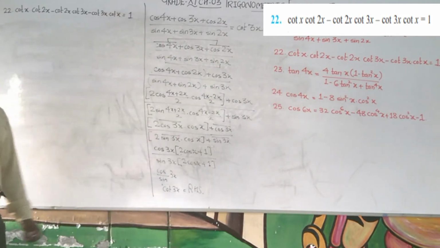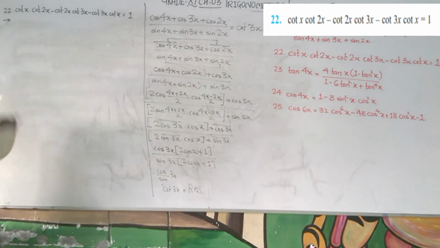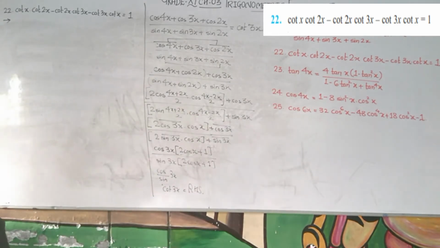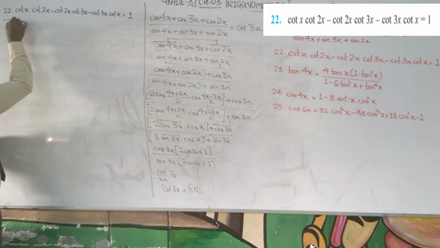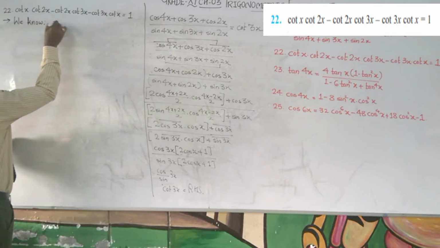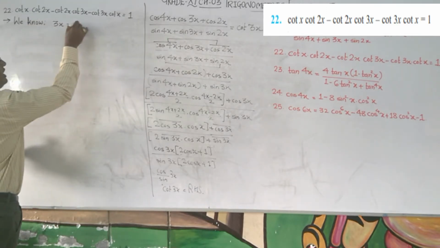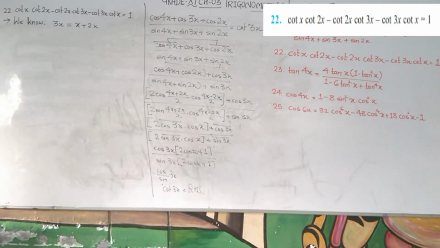We have to prove it. So here we need to start. Instead of starting with the LHS, we will do it in a different way. We know that 3x can be written as x plus 2x. No doubt for this.